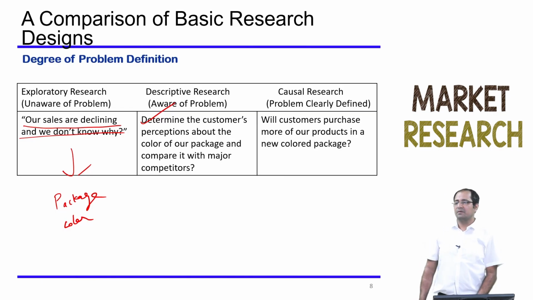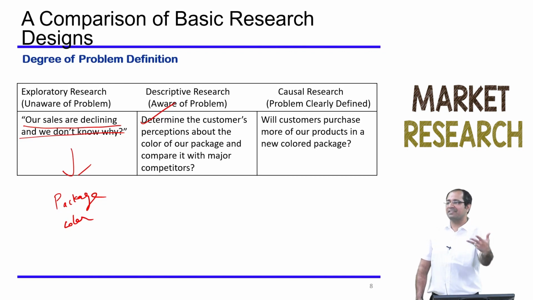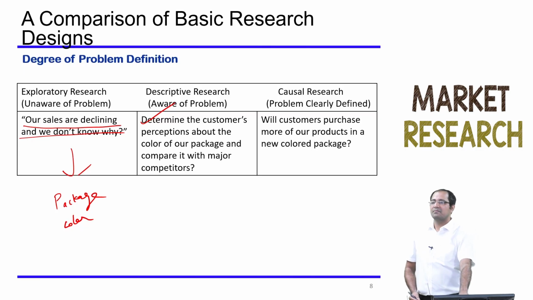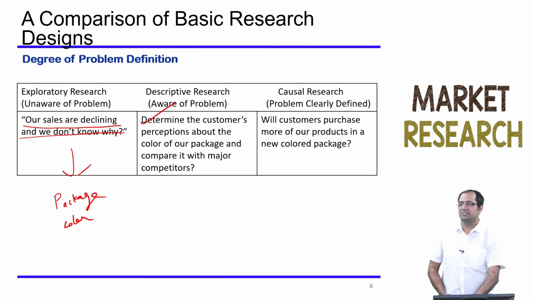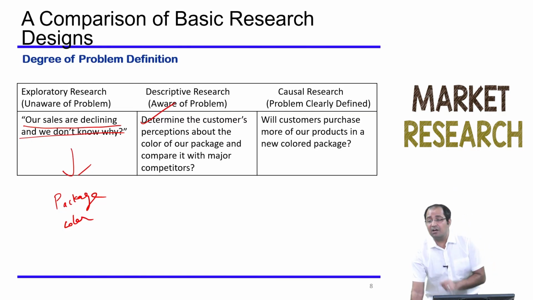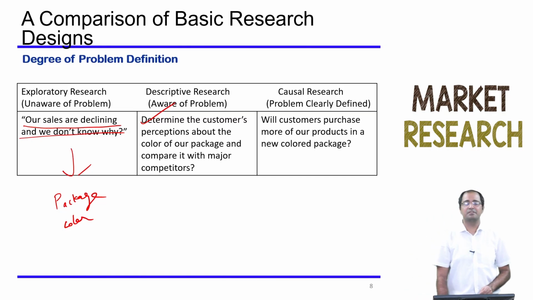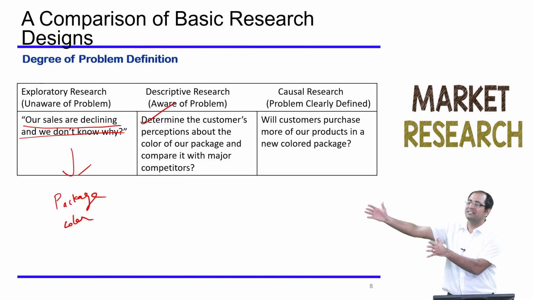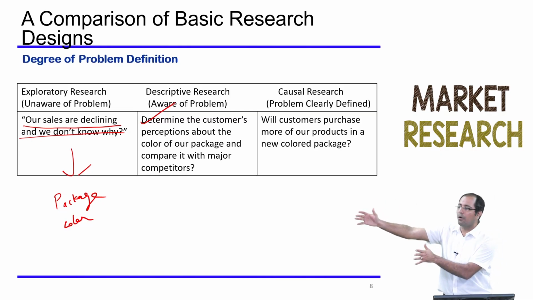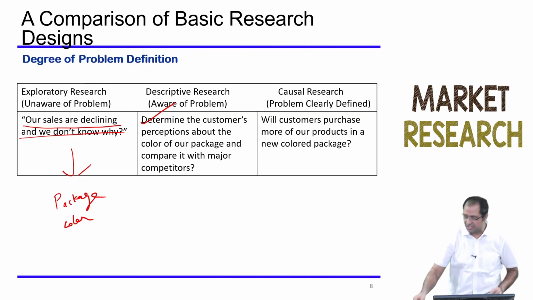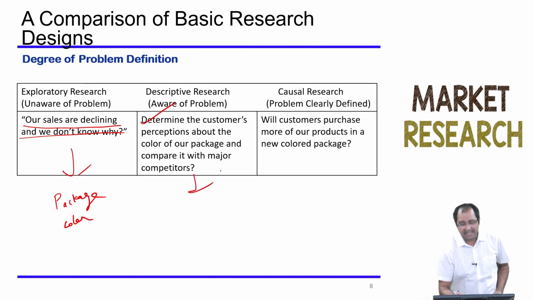If you do not yawn and keep your eyes open throughout this marketing research course, you will hopefully do things the right way and get to this answer: that the appeal of the color of our package is lower than the appeal of the color of the competitor's package. You will get that from the descriptive design, right?